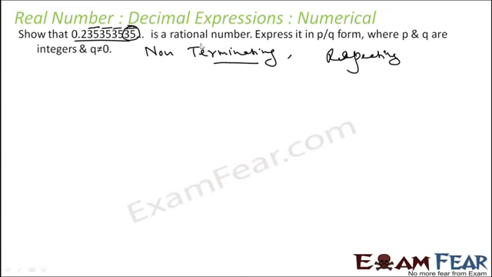Okay, so let's convert this into P by Q form. So if I assume x is equal to 0.23535 like that, or let me write for simplicity 0.235 bar.